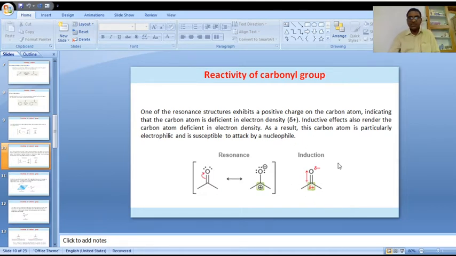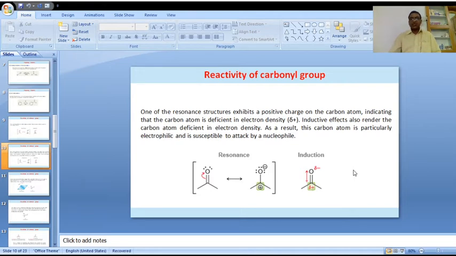Based on the inductive effect, the carbon atom is delta positive, which indicates it is deficient in electron density. Is it clear? As a result, this carbon is particularly electrophilic and is susceptible to attack by a nucleophile.